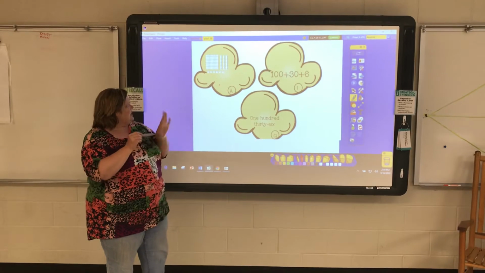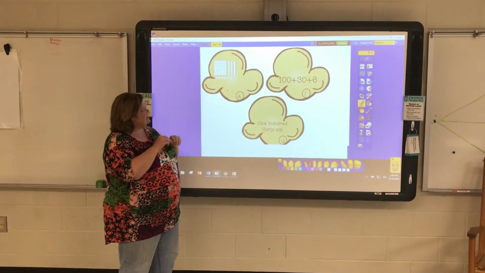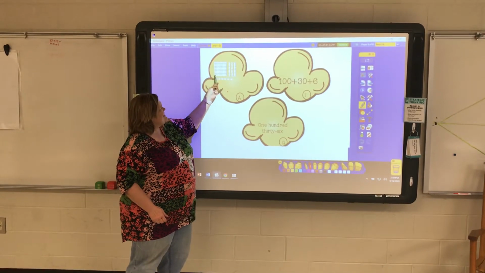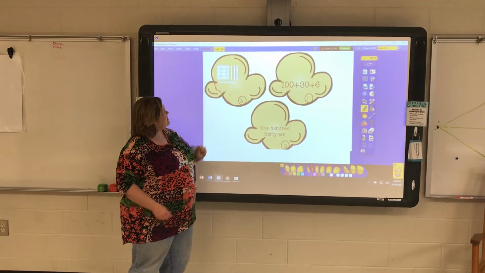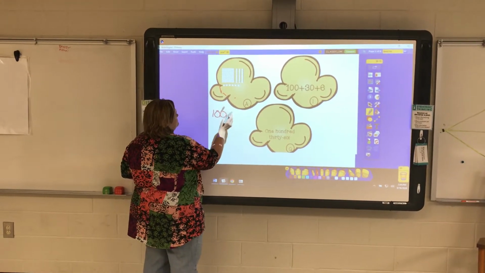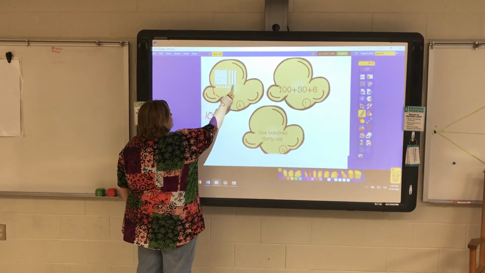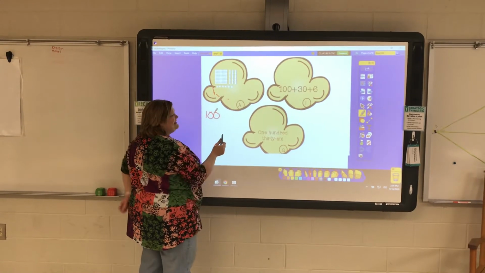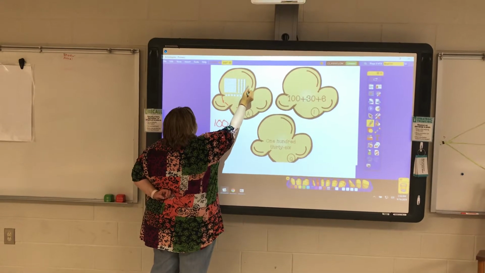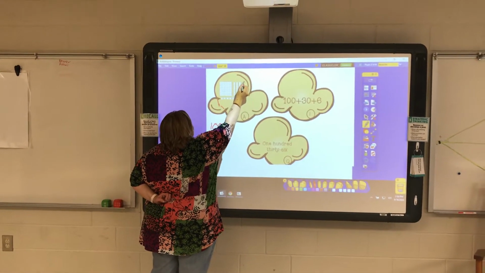When we're looking at these base 10 blocks, we would start counting. This is 100 because it is 10 groups of 10. So we would say that that is 100. And then we have 1, 2, 3 tens. This is a rod, so we would count 1, 2, 3, 4, 5, 6, 7, 8, 9, 10.